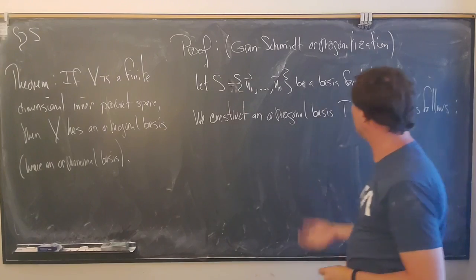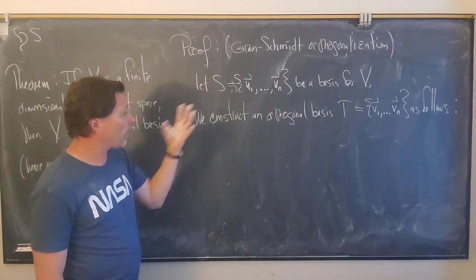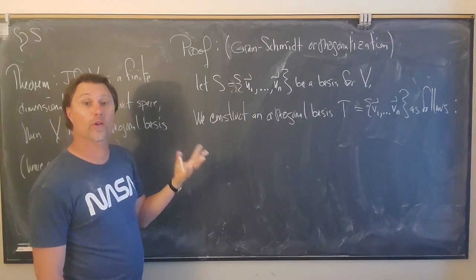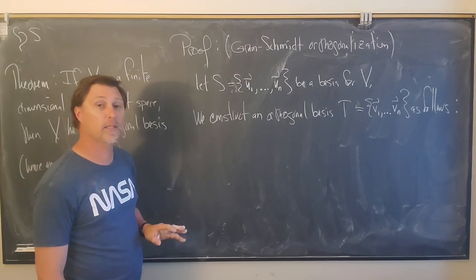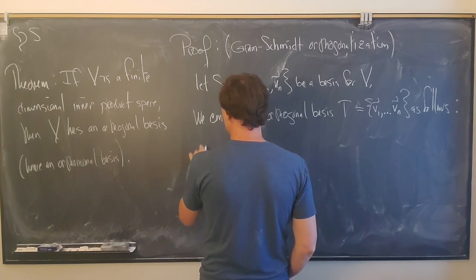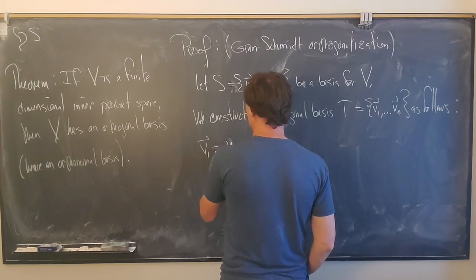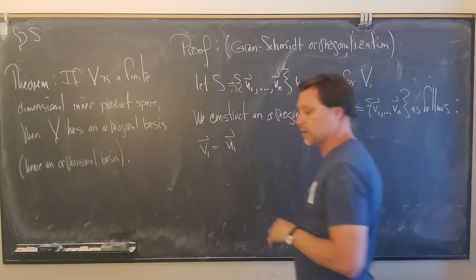What I need to do is tell you who v1, v2, v3, and so on are. And once we get to vn, we will have created a new basis consisting of orthogonal vectors. First of all, v1 is exactly equal to u1. So for the first vector, they stay the same.